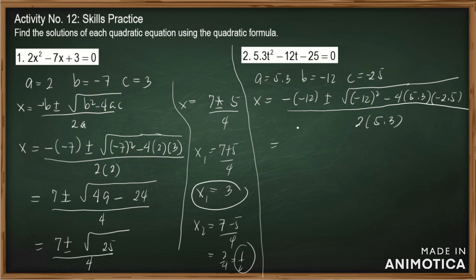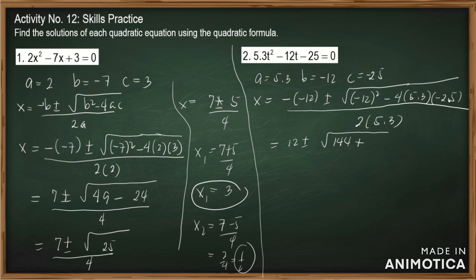Then we simplify. So we have negative times negative is positive 12 plus minus. Okay. Negative 12 squared is equal to 144. Then let's check the signs first. Negative times positive is negative. Negative times negative is positive. Then we get the product of the three numbers. 4 times 5.3 times 25.